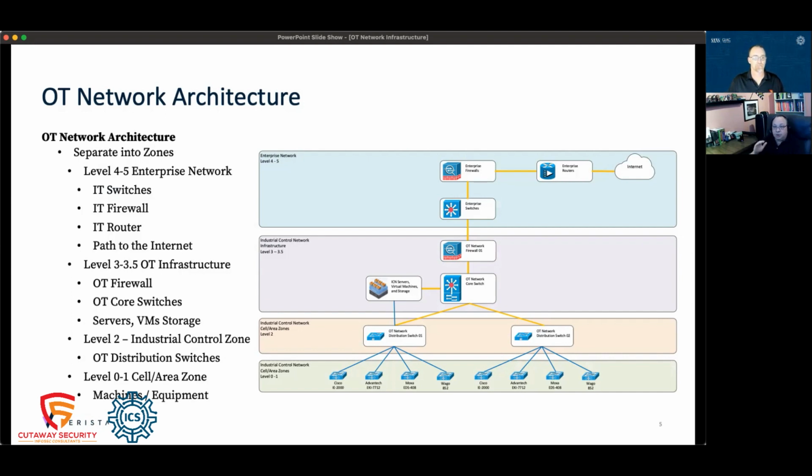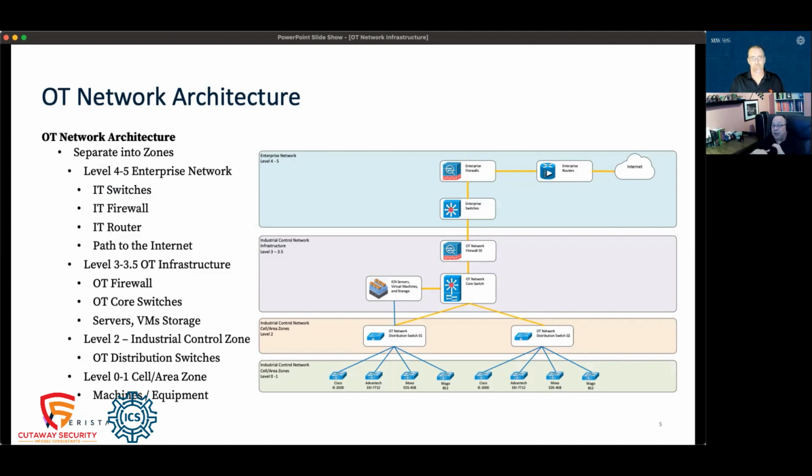I've laid it out to show you where the enterprise network sits, what's in it: the IT switches, the IT firewall, the router. Basically, it's the path to the internet. Level 3 to 3.5 starts off with the OT network firewall. This is what shuts off things like access to the internet.